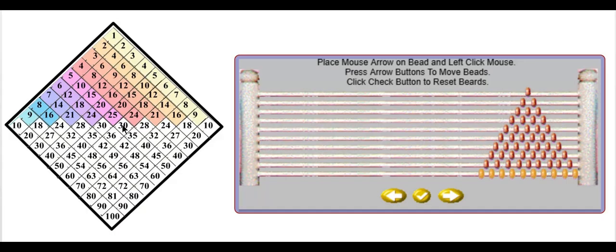Since we're doing 6 times 8, we're going to count up to the 8. 1, 2, 3, up to the 8. And then go 4, 5, 6, 7, 8, 9, 10. And so we have counted 10 associated with this 30.